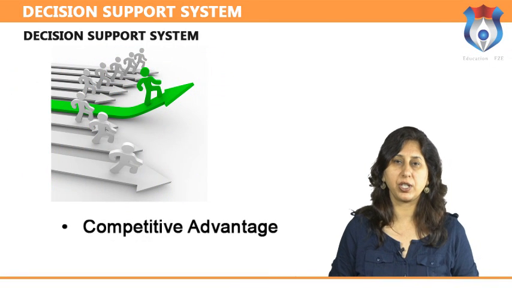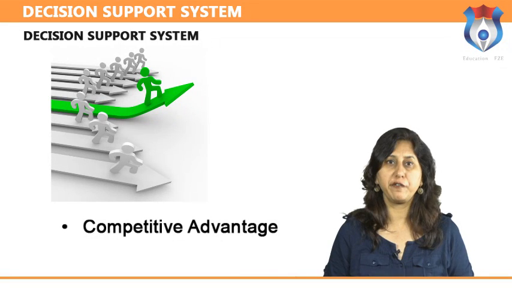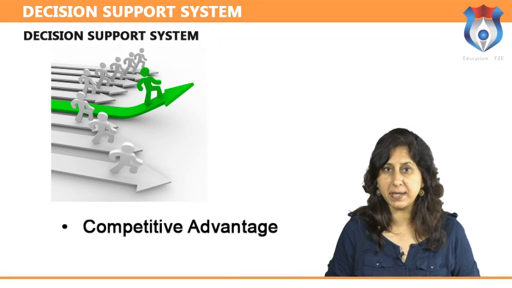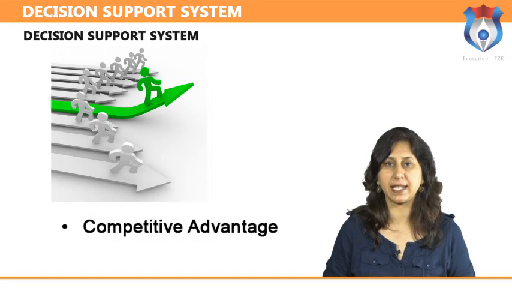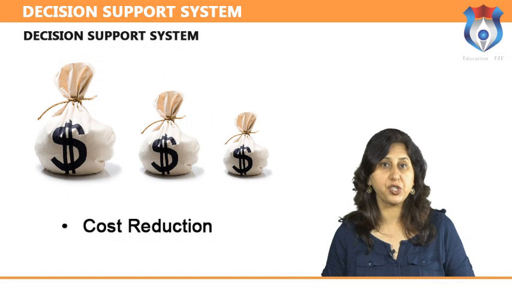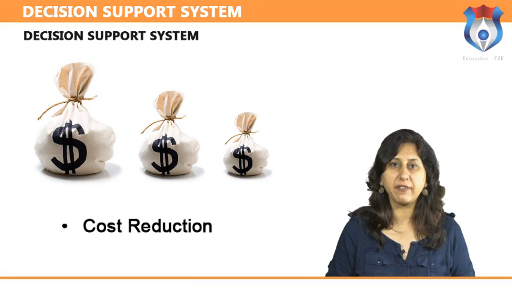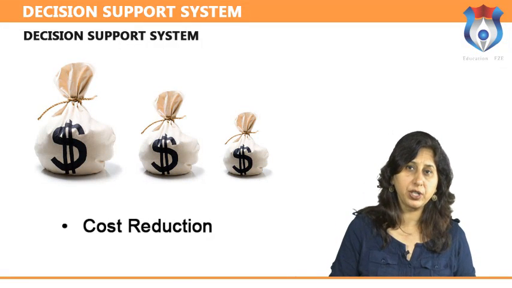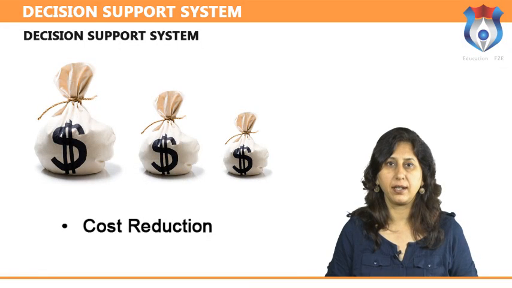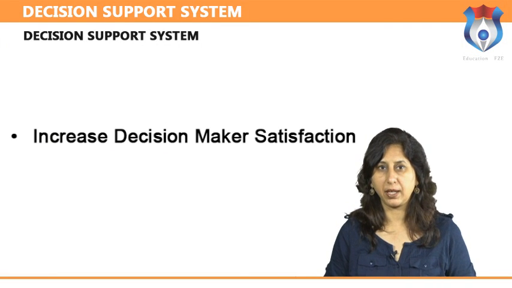Competitive advantage. Vendors frequently cite this advantage for business intelligence systems, performance management systems, and web-based DSS. Cost reduction. DSS cost saving comes from labor savings in making decisions and from lower infrastructure or technology costs. Increase decision maker satisfaction.